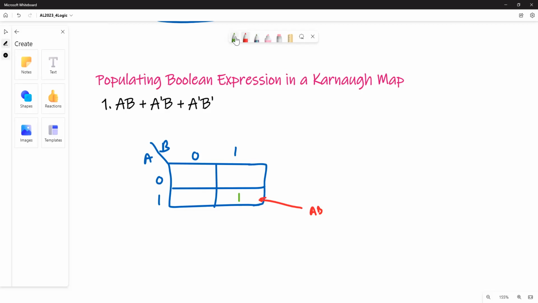Similarly, next one, A bar B. A bar means 0. Sorry, this is B bar. A bar B, right, this one. So that means this one, it will be A bar, then this is B. And this is 1.